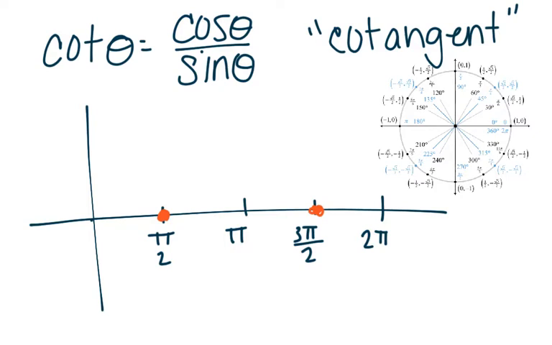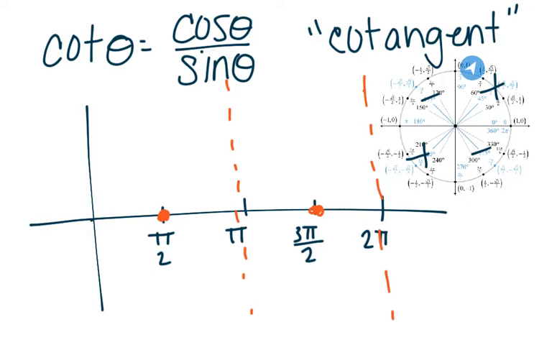I also know that my asymptotes are going to happen whenever my sine function equals 0, so that happens at pi and 2 pi. And then I can look at my unit circle and say my cotangent is going to be positive wherever my tangent function is positive. So that means it's going to be positive here, here, and then negative here and here.